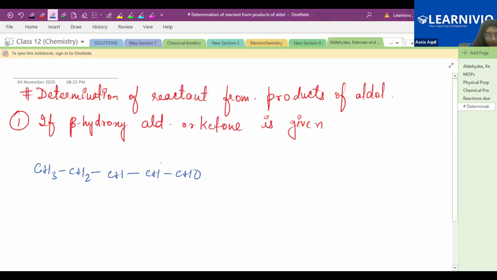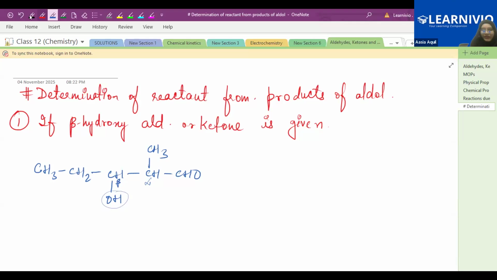Suppose this is the alpha carbon. अल्फा carbon पे आपका methyl group attached है, and here on the beta position there is an OH group. So this is a beta hydroxyaldehyde.